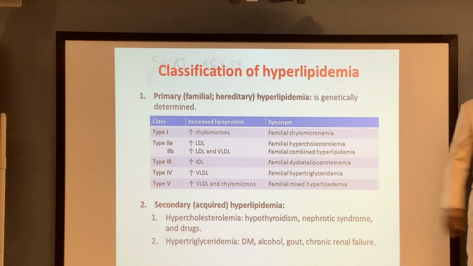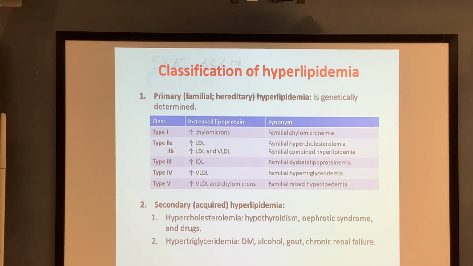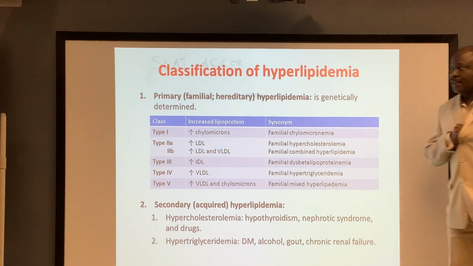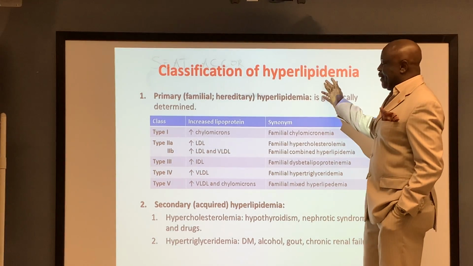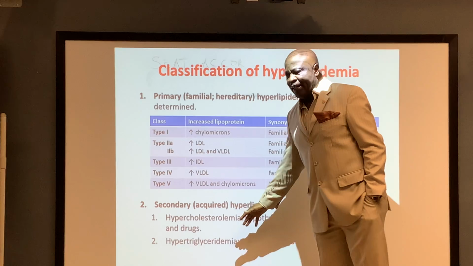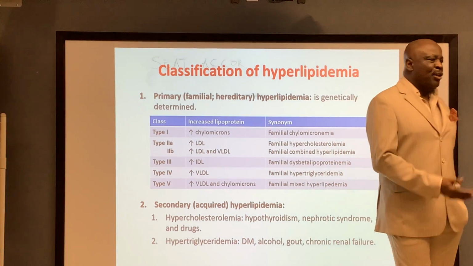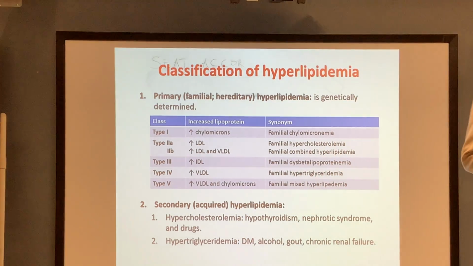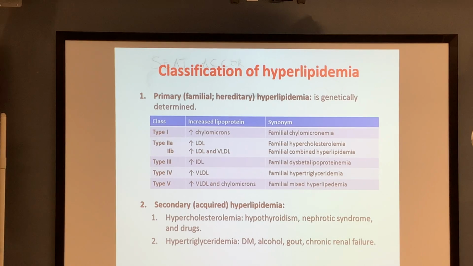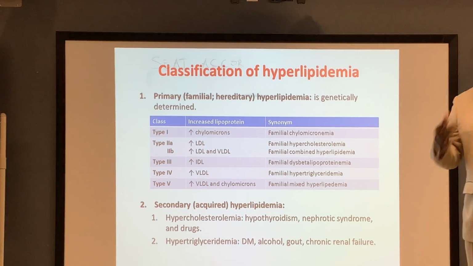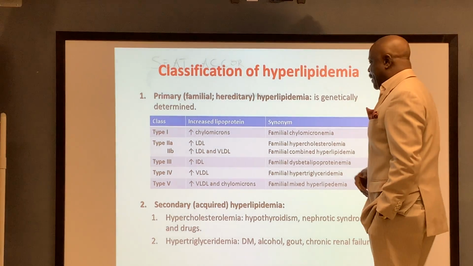Okay? Now, just like we have primary hypertension and secondary hypertension, you have primary hyperlipidemia and secondary hyperlipidemia. Of course, in secondary hypertension, that is the one where you know the cause. It is caused by drugs, it is caused by disease.